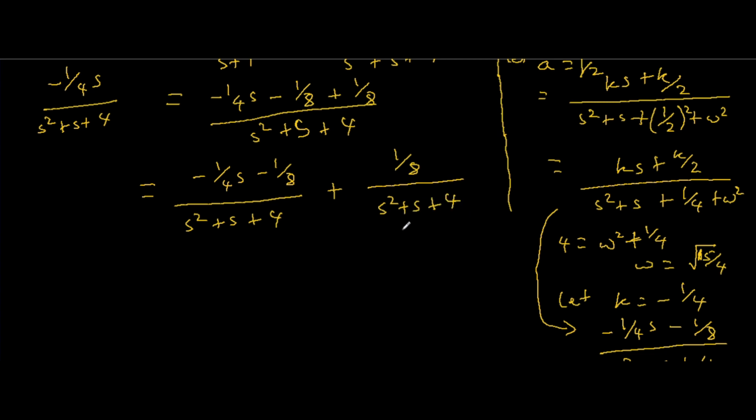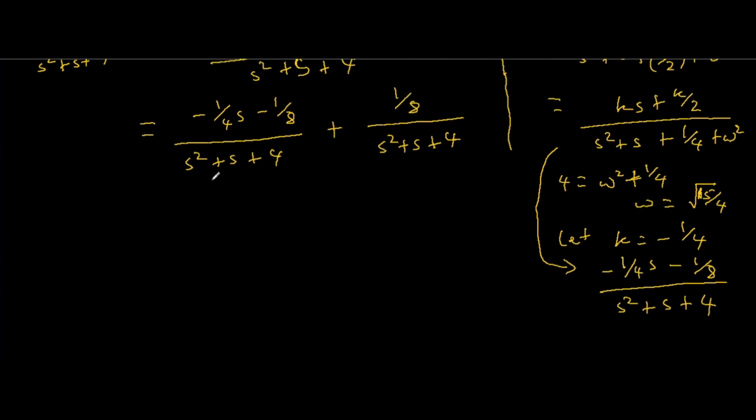Well, let's look at what we have. This expression here, minus 1 over 4s minus 1 over 8 divided by s squared plus s plus 4, is exactly what we have here. We know the inverse Laplace transform of that. Now we're left with this term over here. So we have to find the inverse Laplace transform of this. Can we find the inverse Laplace transform of this? And I dare say, yes, we can.